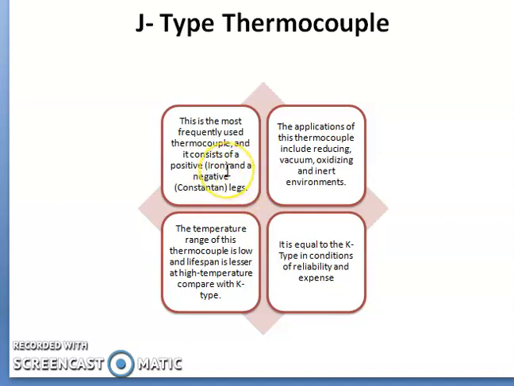The positive leg is composed of iron and the negative of constantan. The applications of this thermocouple include reducing, vacuum, oxidizing, and inert environments. The temperature range of this thermocouple is low and its lifespan is shorter at high temperature compared with K, and it is equal to K-type in terms of reliability and expense.